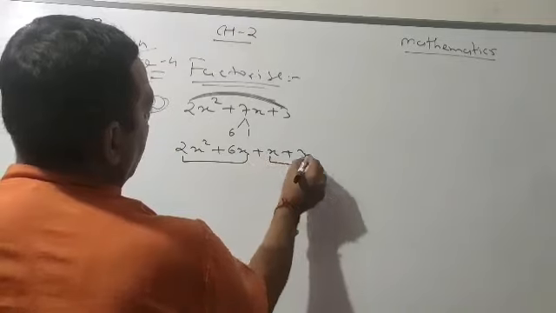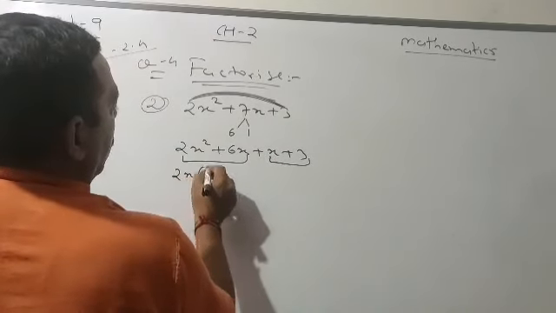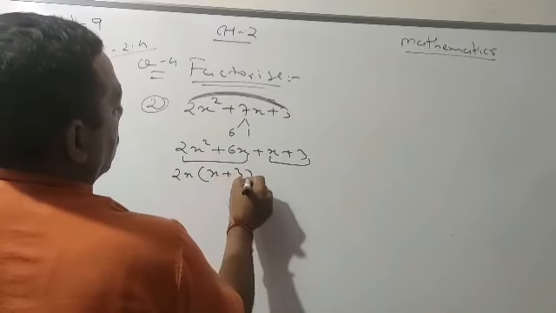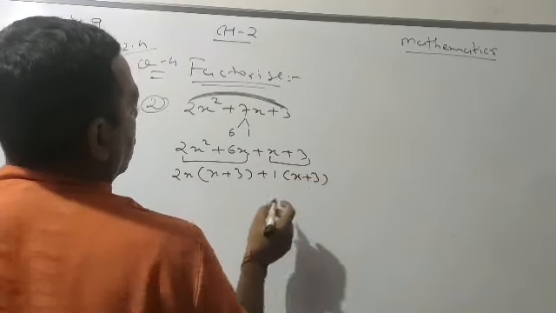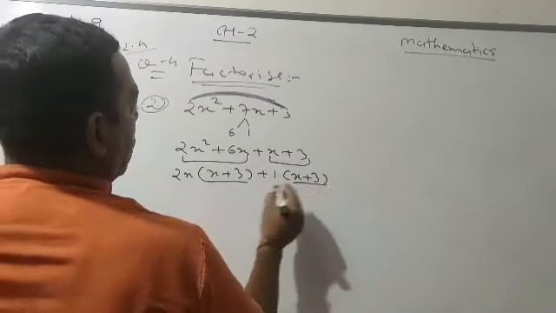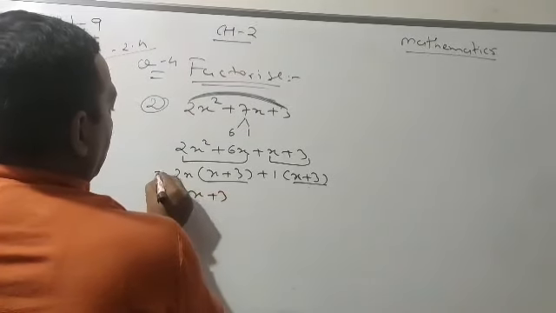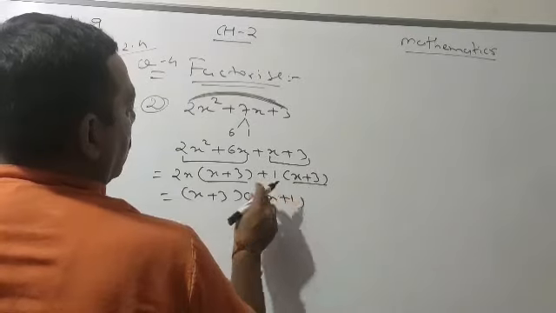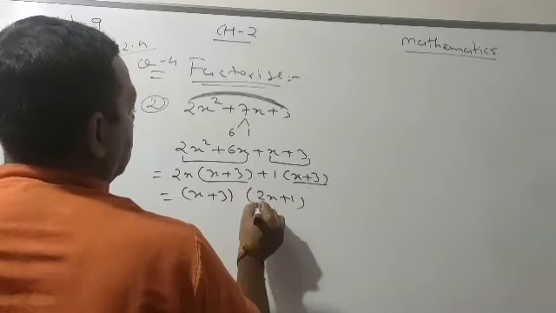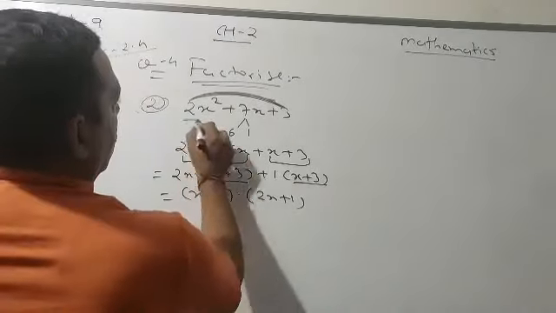What can we take common? 2x. What is left? x plus 3. What can we take common? 1. What will we get? x plus 3. So the final answer is x plus 3 and 2x plus 1. So these are the factors of the given polynomial.